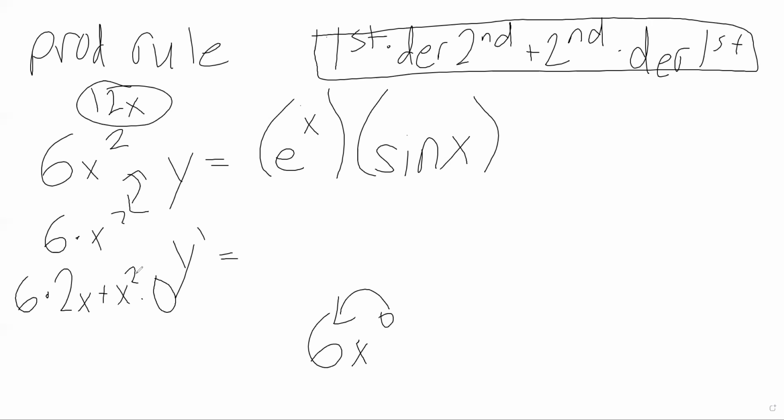So when you multiply this, you end up getting 0, because there's no x there. So when you multiply this out, you get 6 times 2x, and this whole second half drops out because you're multiplying by 0, and you get 12x.